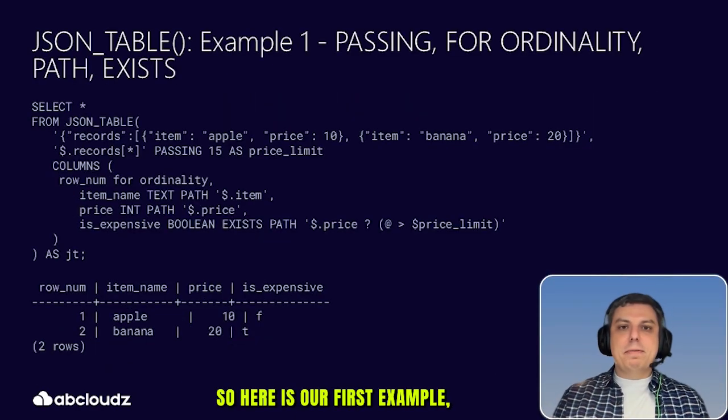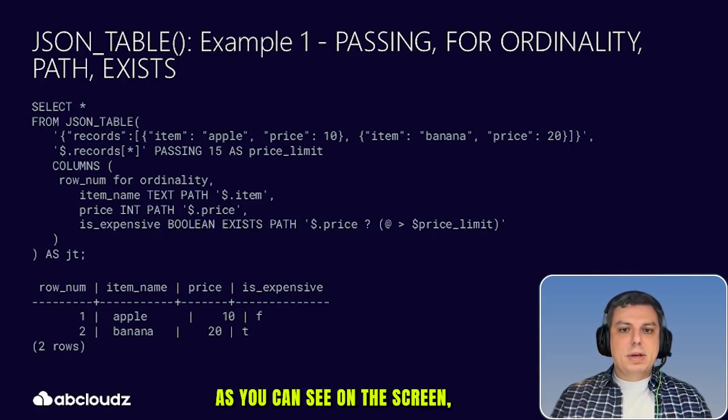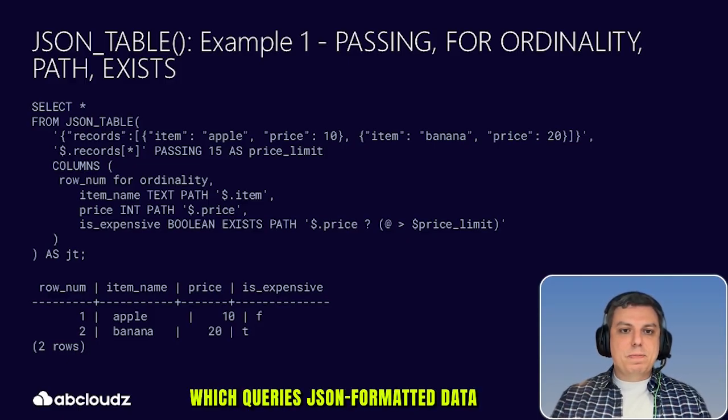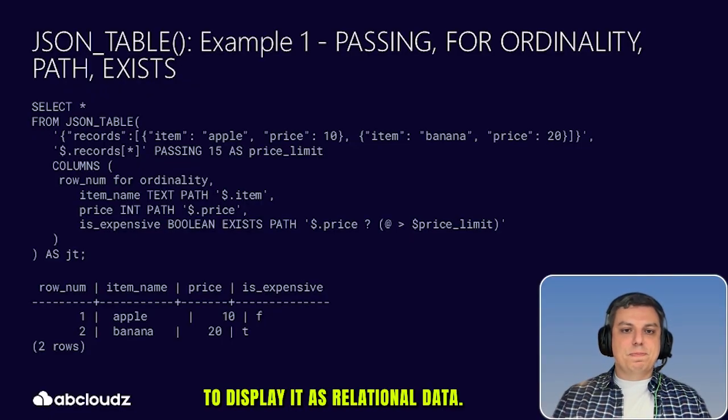Okay, so here is our first example, which covers PASSING, FOR ORDINALITY, PATH, and EXISTS clauses. As you can see on the screen, we have the query, which queries JSON formatted data and tries to display it as relational data.